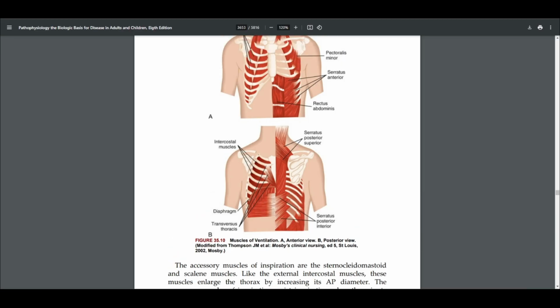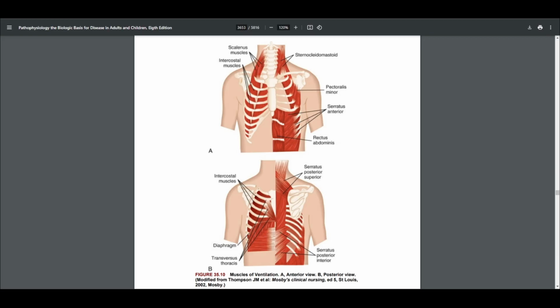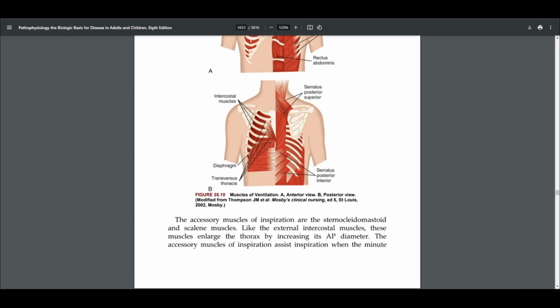So these are your muscles for ventilation. An anterior view in the front, a posterior view in the back. Again, these are good to know as some will show up on quizzes.